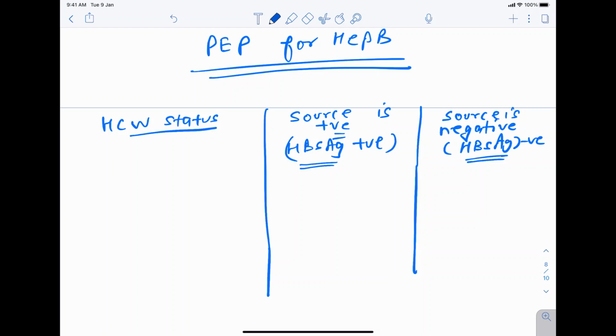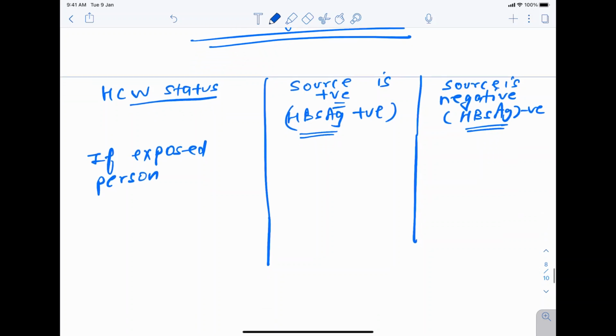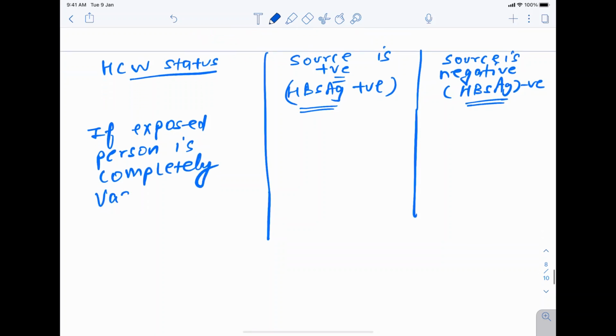Suppose first of all the exposed person is completely vaccinated, and the antibody titer present in that healthcare worker is more than 10 milli international units per ml.